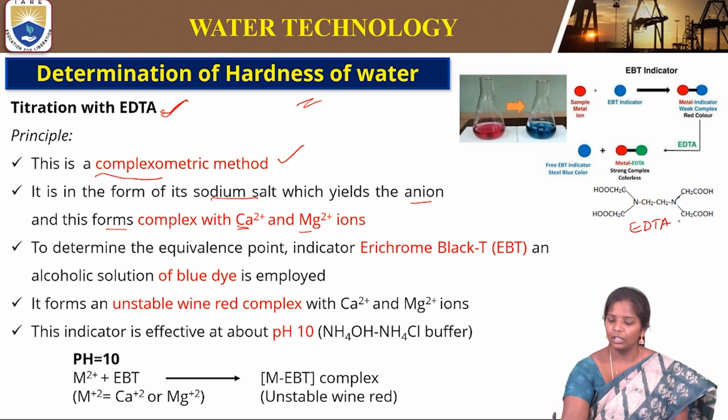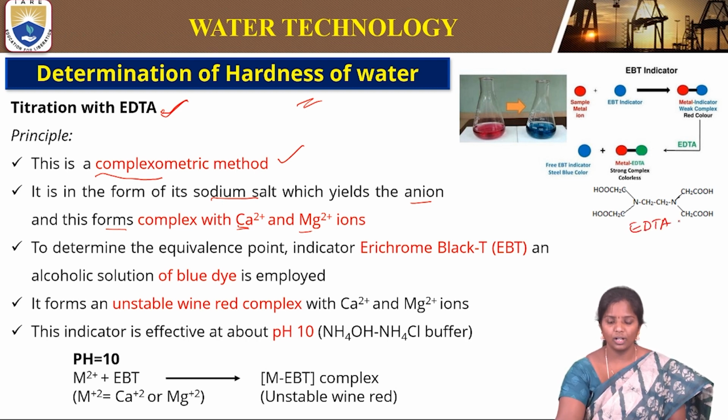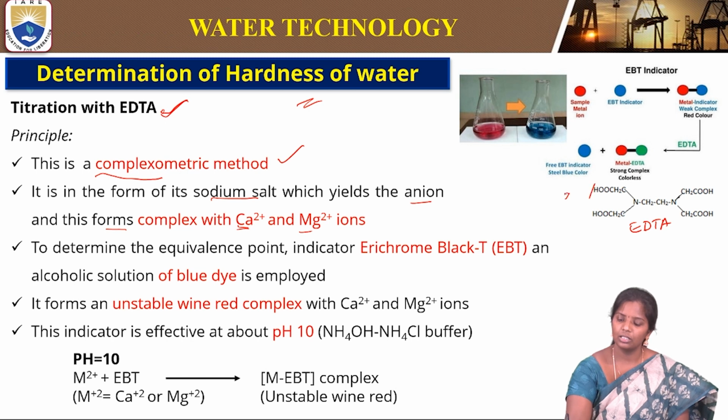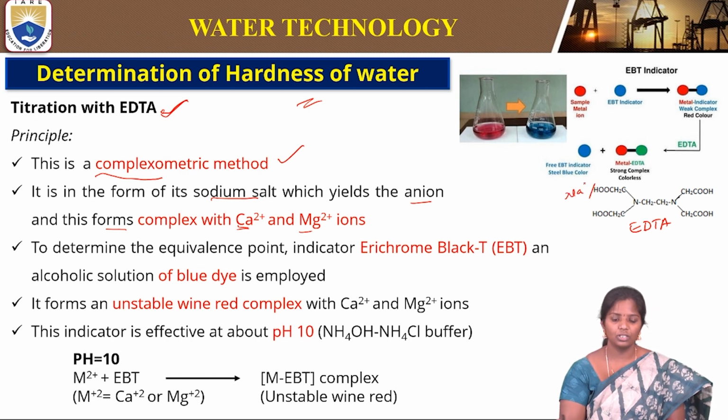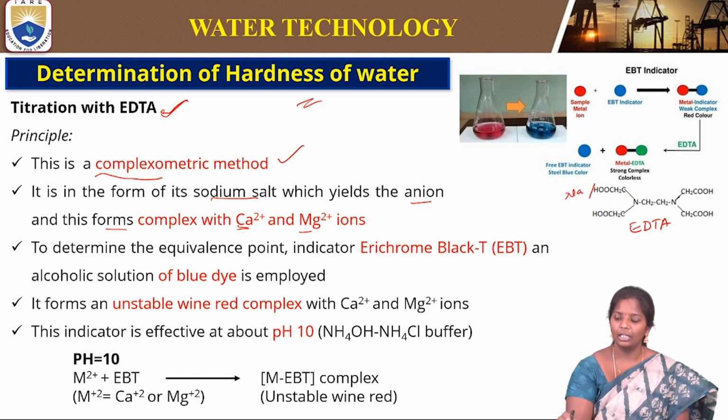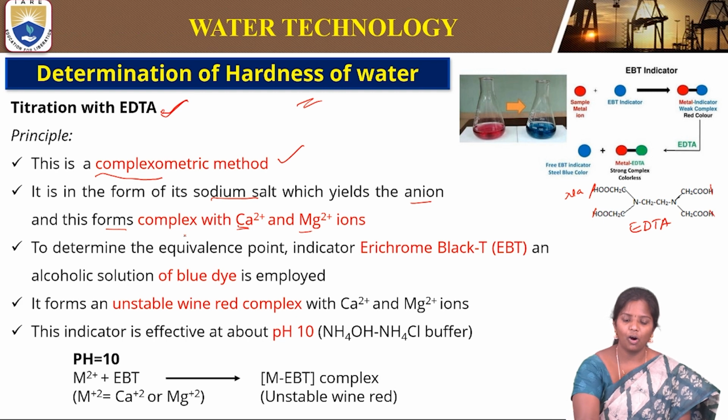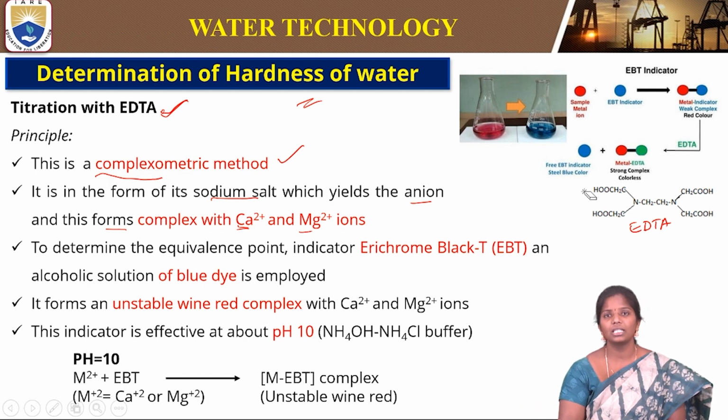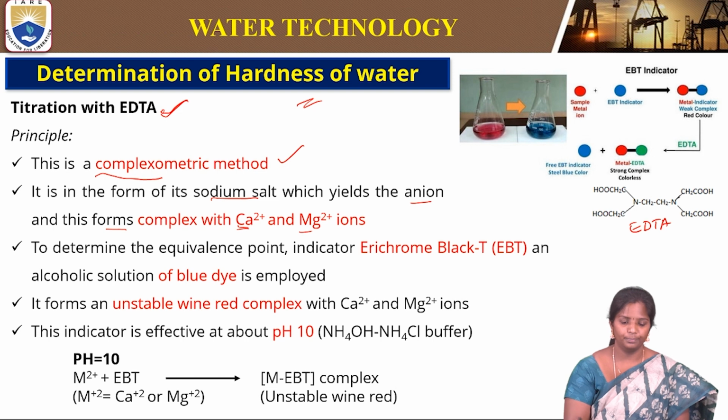The sodium salt of this EDTA forms an anion, leaving this hydrogen. These will form a complex with the calcium and magnesium ions. That is how it is called a complexometric method.